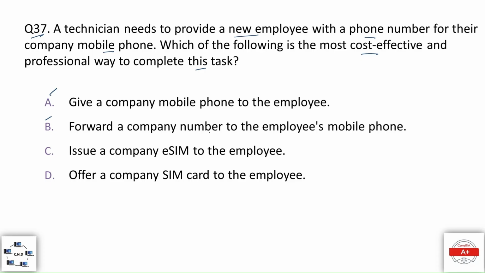Option B, forward a company number to the employee's mobile phone. Option C, issue a company eSIM to the employee. And option D, offer a company SIM card to the employee. And the correct option is option D, offer a company SIM card to the employee.